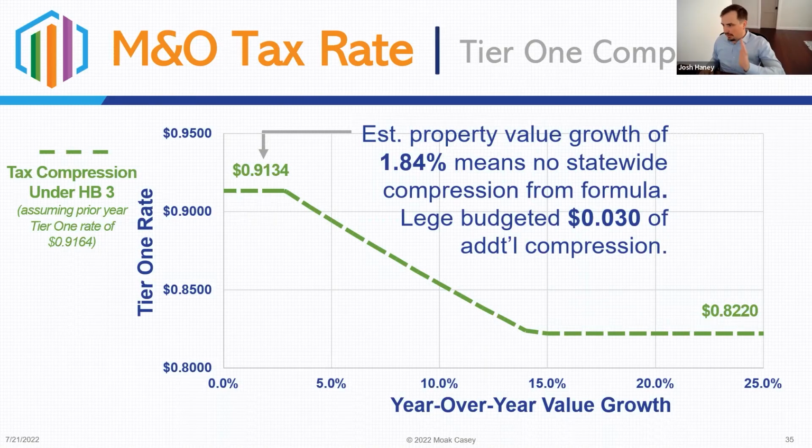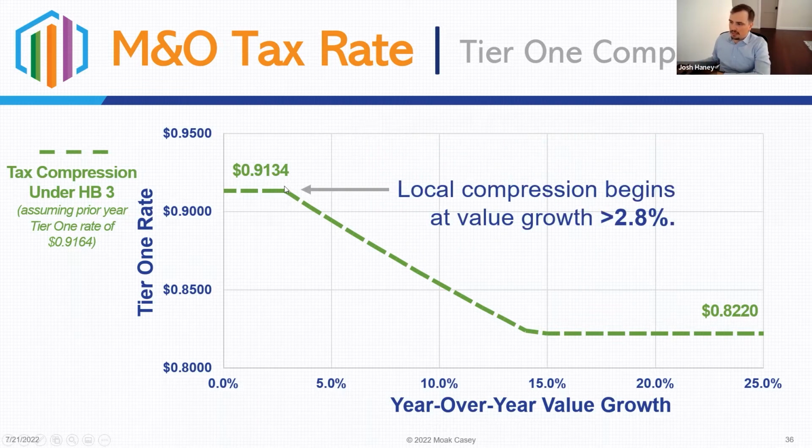In tax year 21, because of those districts at the 90% floor, the statewide compressed rate was down to 91.34. But the same sort of dynamics are at play for tax year 21. You had to exceed a certain cutoff in this year because the statewide estimate was so low.